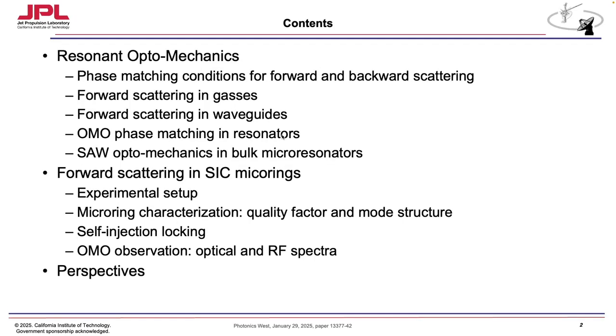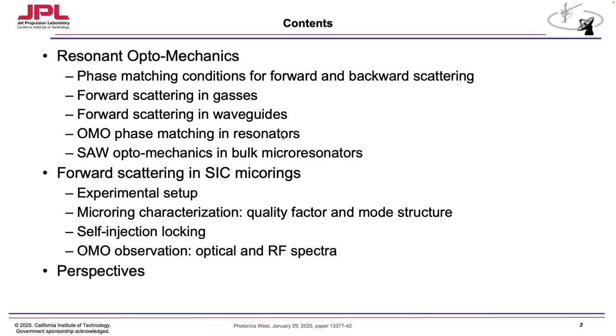So to start, I will first go into detail on resonant optomechanics and try to explain the difference between standard Brillouin scattering and forward Brillouin scattering, and show some history of the phenomenon.